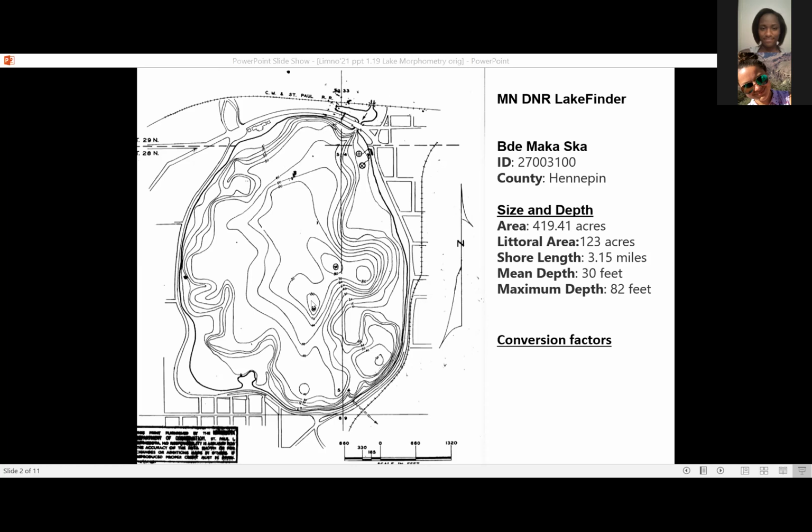Then you can calculate the volume of each of those layers, add it all together to get the total volume of the lake, then divide the volume by the surface area. That gives you the average depth.